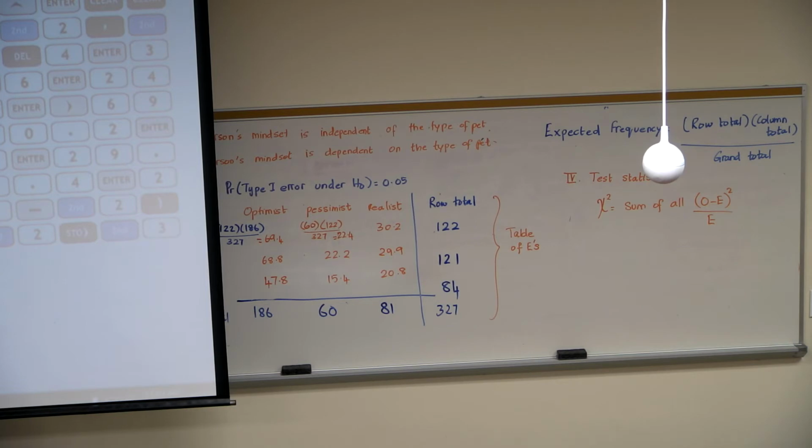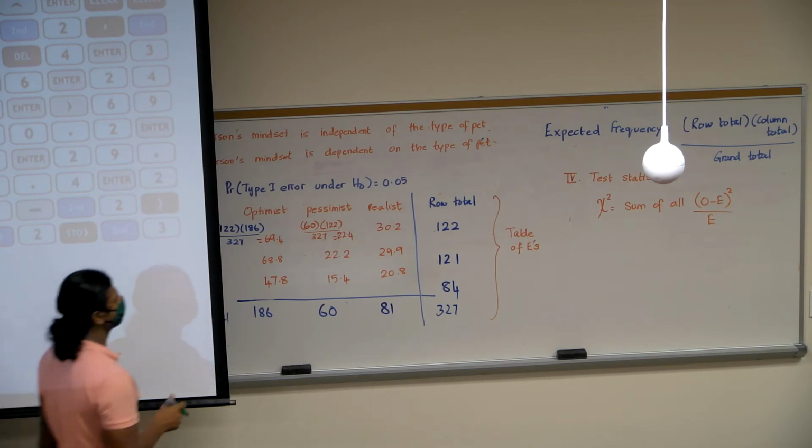So we find L1 minus L2 squared divided by L2, save it to the third list, L3, and that's all we get. And one last thing, we sum the information in list 3, which gives us 42.427 as the sum.